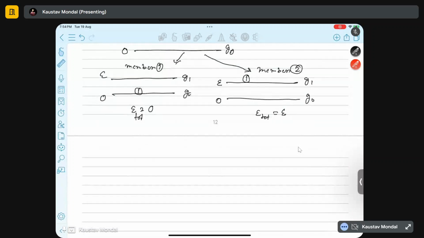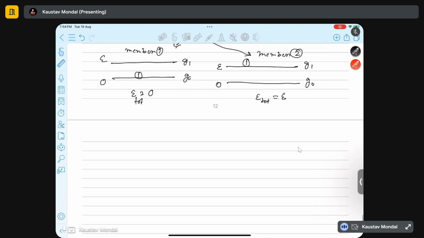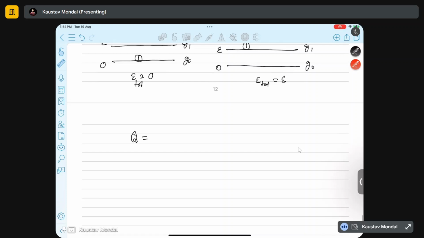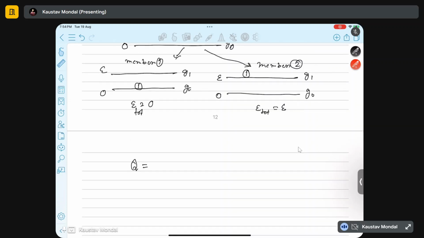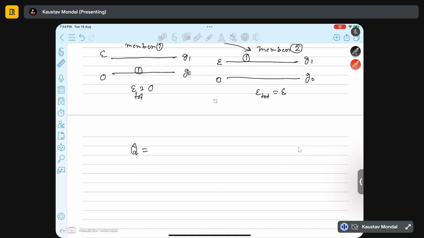Now for this system, if you want to calculate the partition function, the microcanonical partition function, which is written as a capital Q, would be simply: for the first case, the system is in G0 plus e to the power minus beta into 0, since E total is 0.